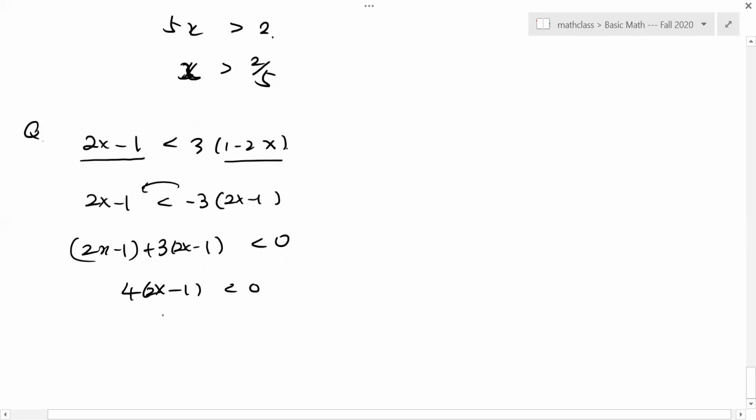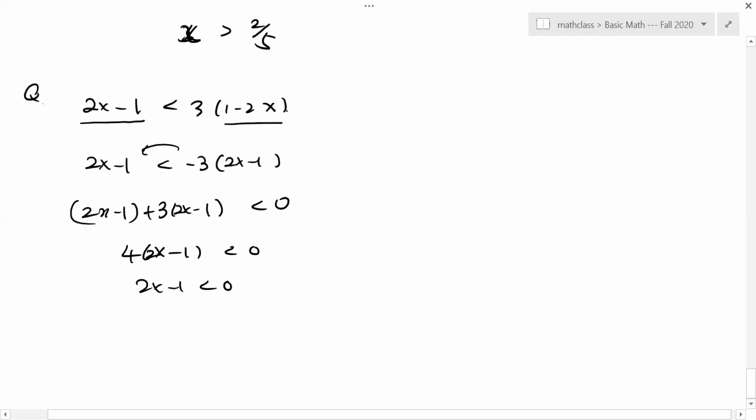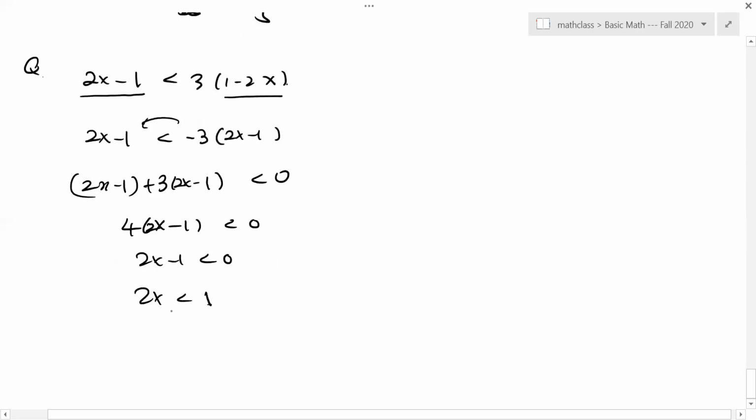So I have 4x minus 2 less than 0. Both sides divided by 4, I get 2x minus 1 less than 0. So 2x should be less than 1, x should be less than 1/2. If you do it this way, then you don't need to multiply this out.